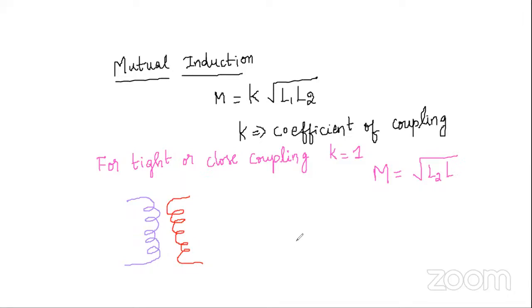You can also have another way of coupling, where one coil is like this and another coil is kept like this, at 90 degrees. This is the 90 degree fashion.